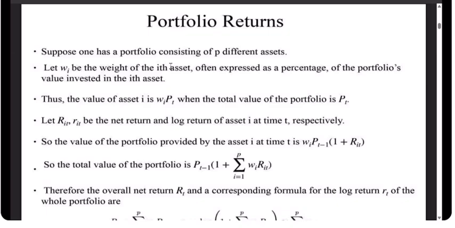For a particular asset, I'm going to commit a certain amount of money for the asset that I'm going to call w_i. So if I want to know the value of that particular portfolio associated with asset i, I just need to multiply w_i by that.